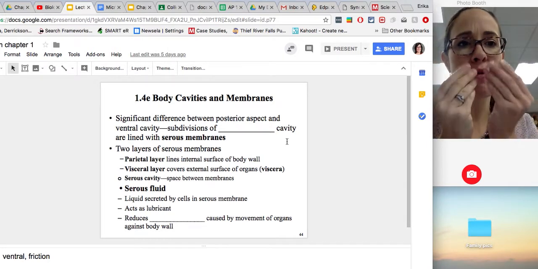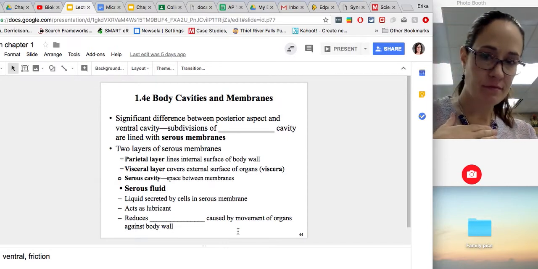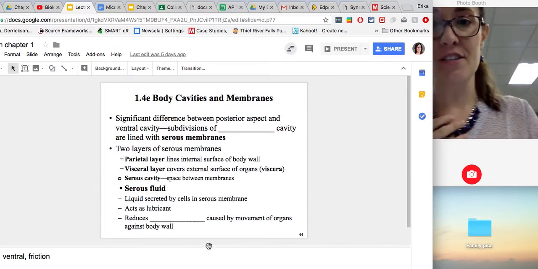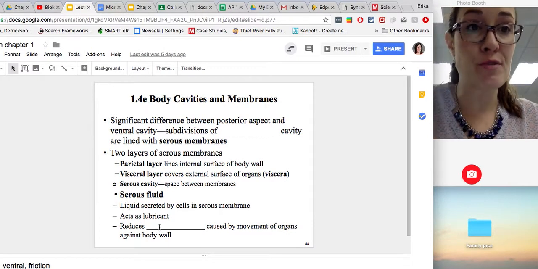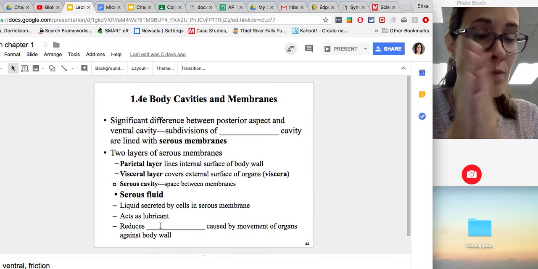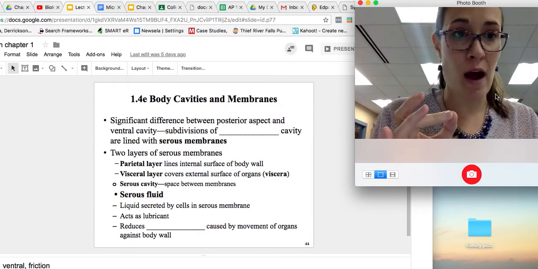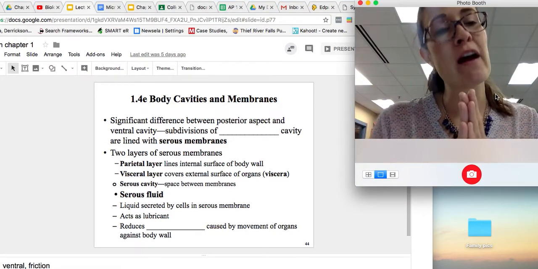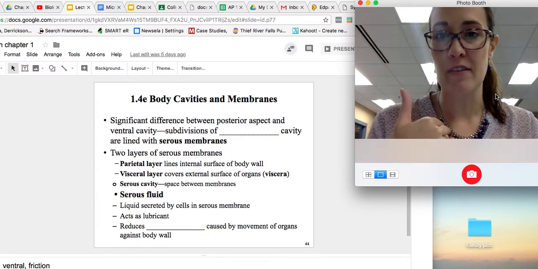When you think of a membrane, think a covering. So these coverings are important because, I'll just give you the word now, they reduce friction. And when organs rub up against each other, there is a layer around them that helps prevent friction. Since they're not surrounded by bone, we don't want friction to develop.